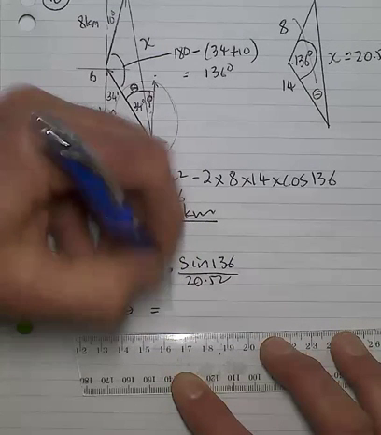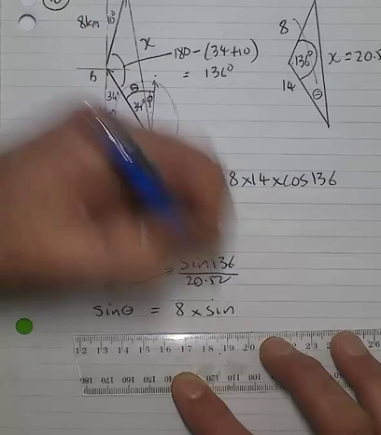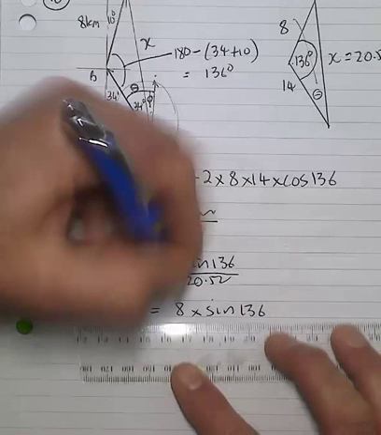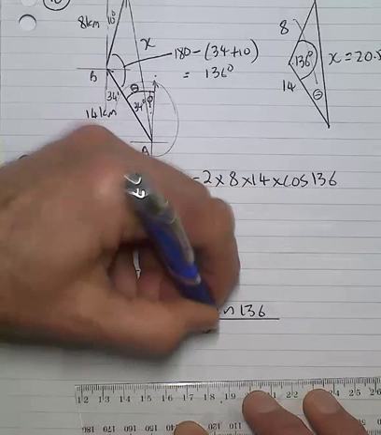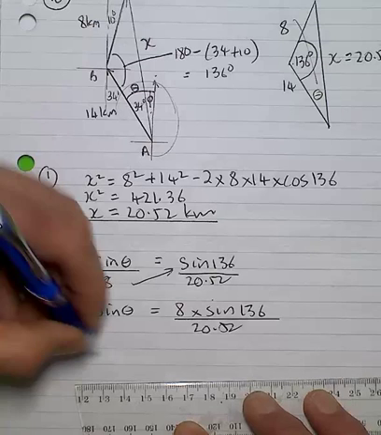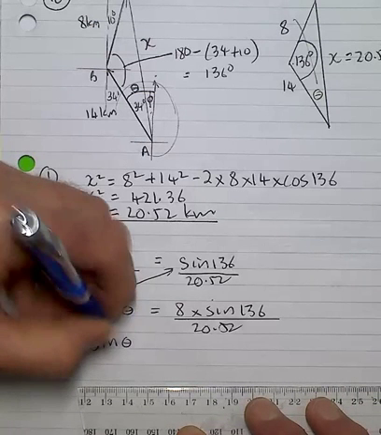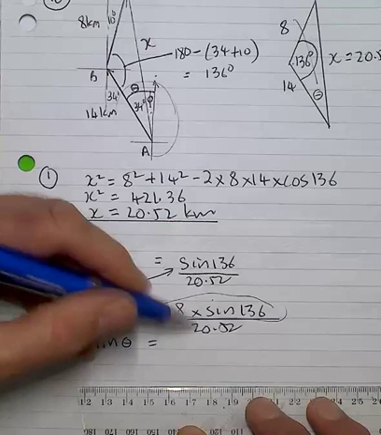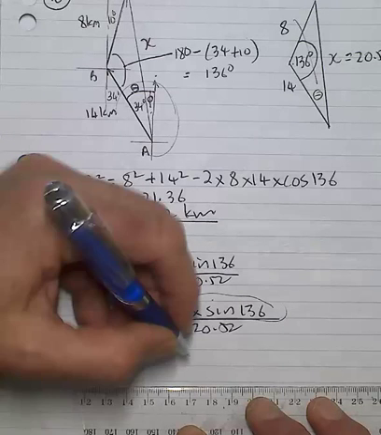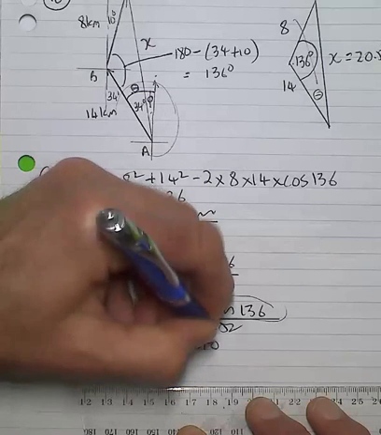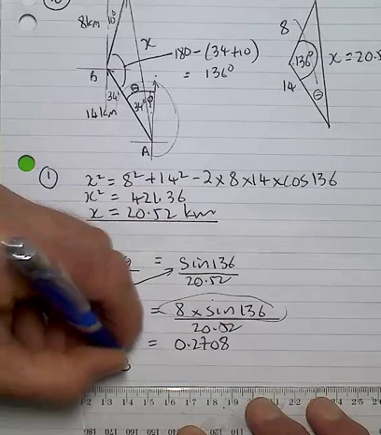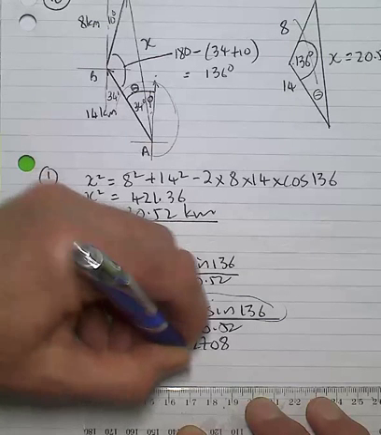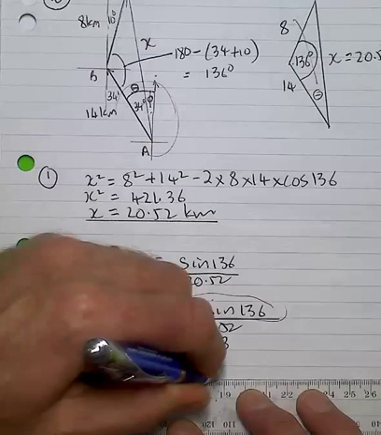Transposing, it's 8 times the sine of 136 divided by 20.52. When I carry out the multiplication, numerator first, then the division, theta is equal to 15.71 degrees.